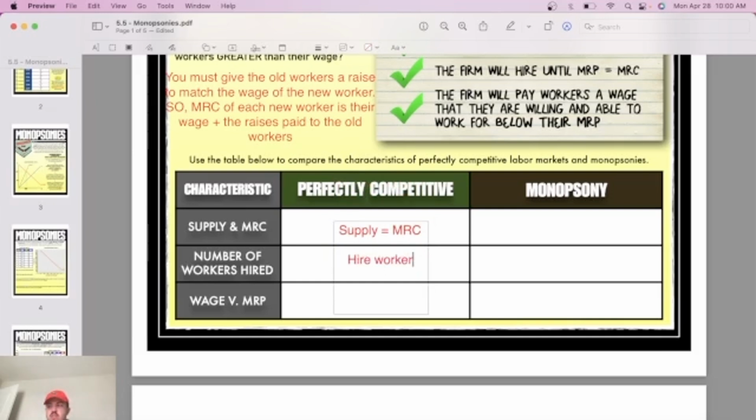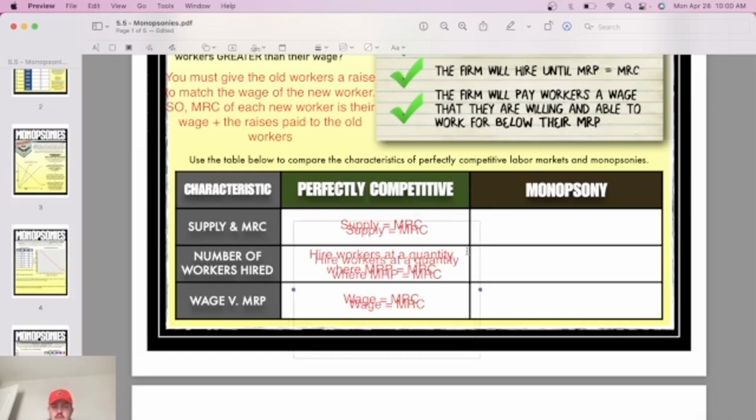They hire workers at a quantity where MRP equals MRC. And then wage equals MRP, or MRC, excuse me. There it is. Sorry for the formatting.